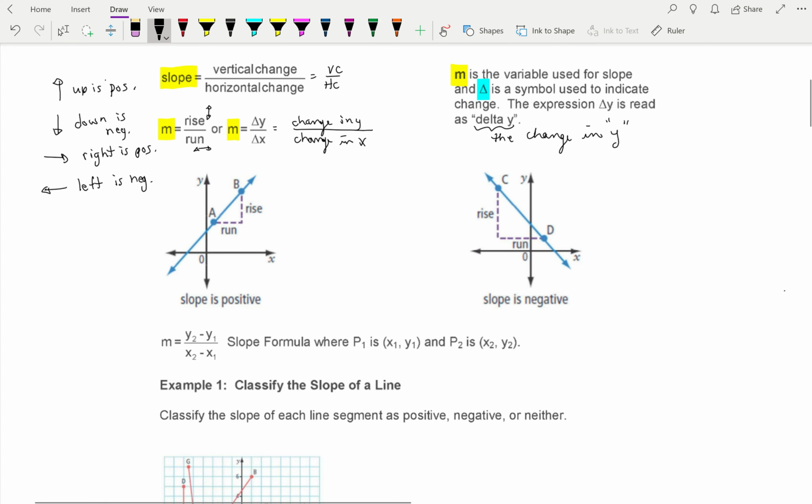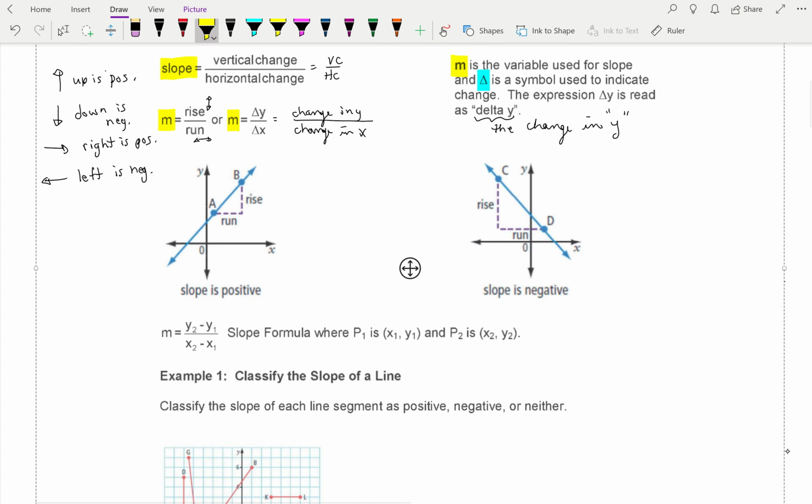Okay, the other formula that we're going to use is below here. m is equal to y sub 2 minus y sub 1 over x sub 2 minus x sub 1. Where do we get our y2 and our y1 and our x2 and our x1? Well, that's based on two given points that you would be given. Okay, so P sub 1 would be the first point. Its coordinates would be x sub 1 and y sub 1. P sub 2 is the second point. It would be x sub 2 and y sub 2.